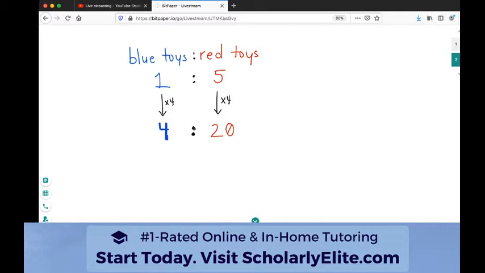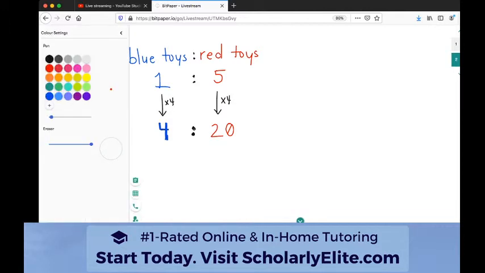So another way that you can solve this exact same question is by saying to yourself, okay, well, if my ratio of blue to red toys is going to be 1/5. Oh, let's do that in black.